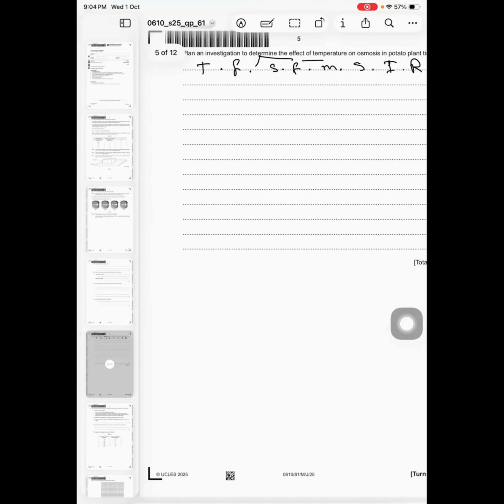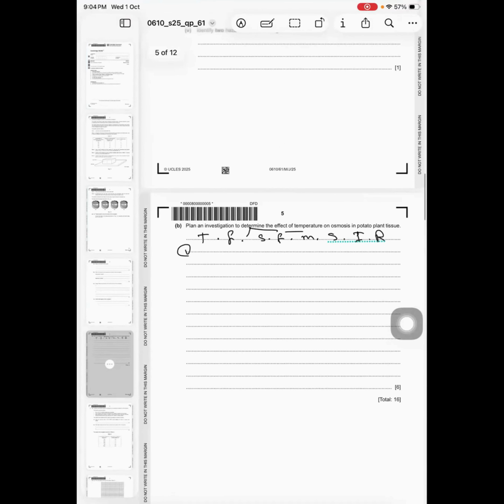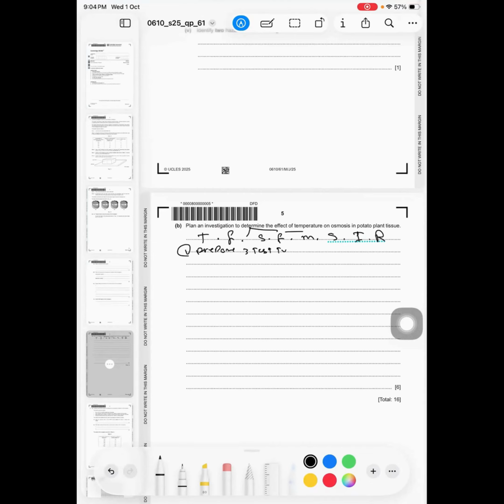So, prepare three test tubes for investigating the effect of temperature. First test tube with 20 Celsius, 30 Celsius, 40 Celsius, for example.